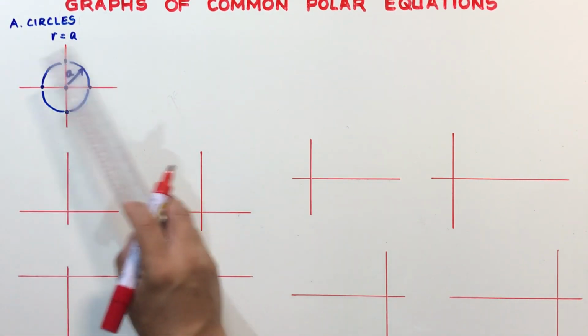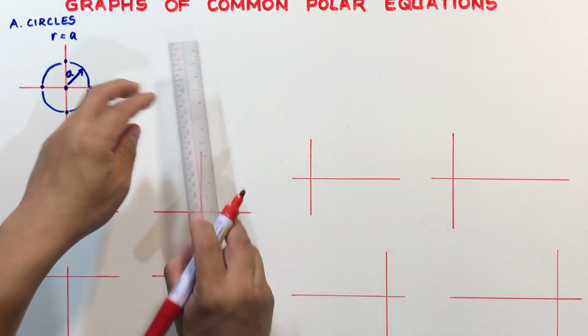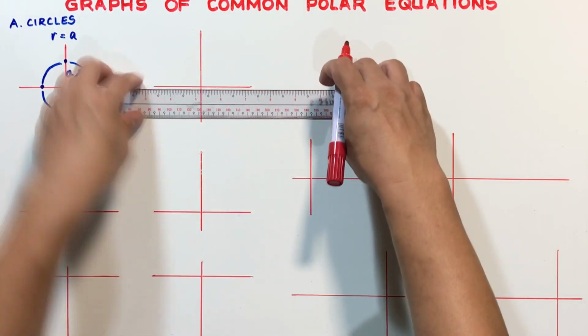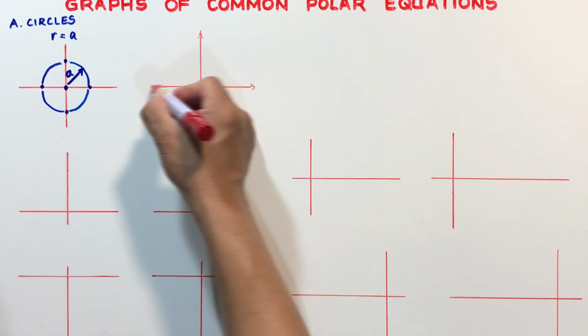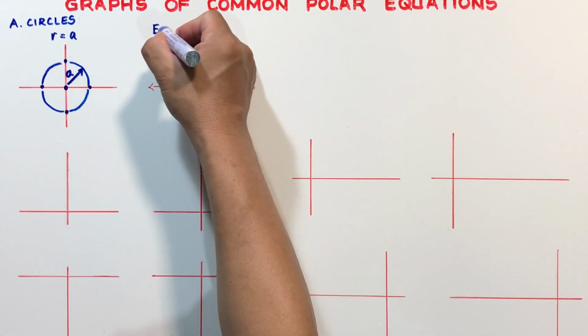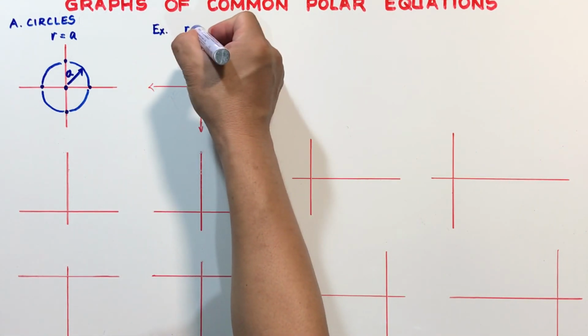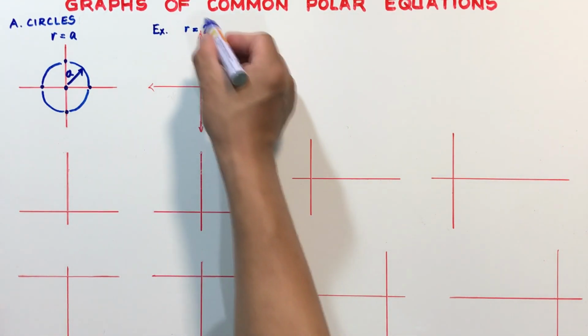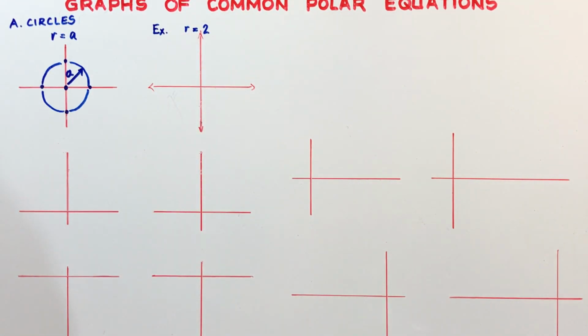A specific example for this is when r is equal to, say, 2. This is already a circle whose center is at the pole and with radius 2.